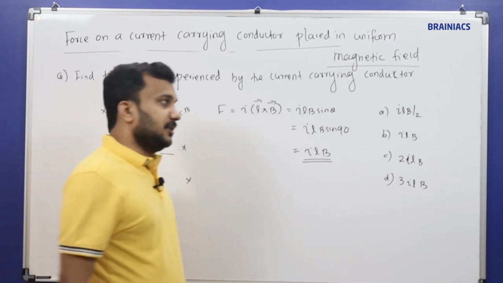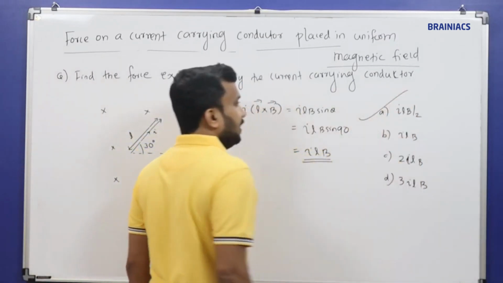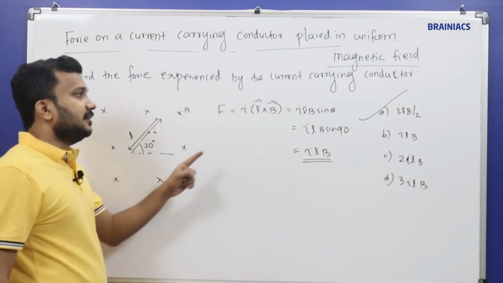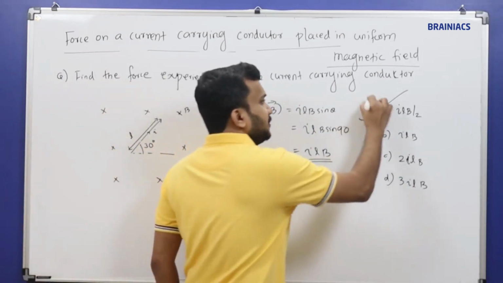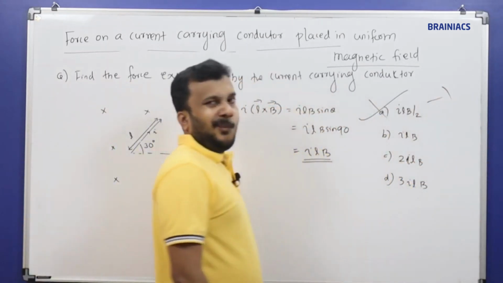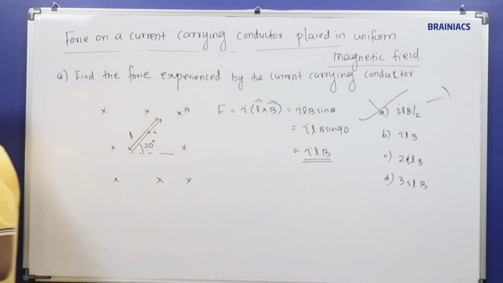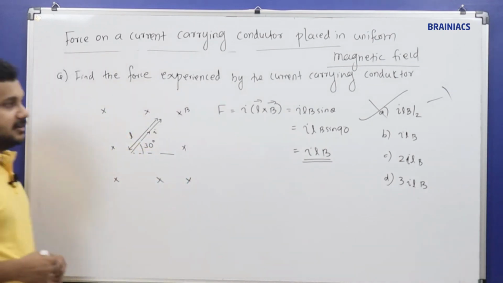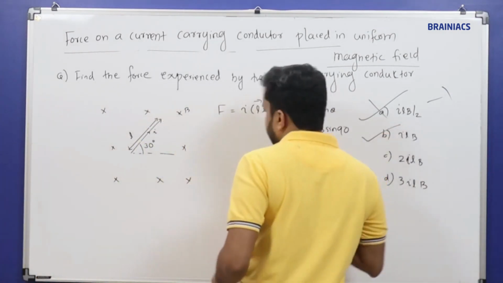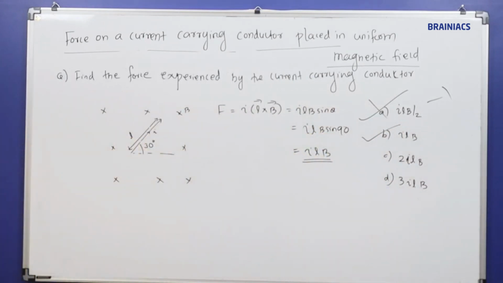A group of students will fall under the I L B by 2 category, because they put sine 30 equal to 1 by 2. Gone wrong, minus 1 mark. In an entrance examination, minus 1. That's the wrong answer. The right answer is I L B. Option B is the right answer for this question. Perfect.